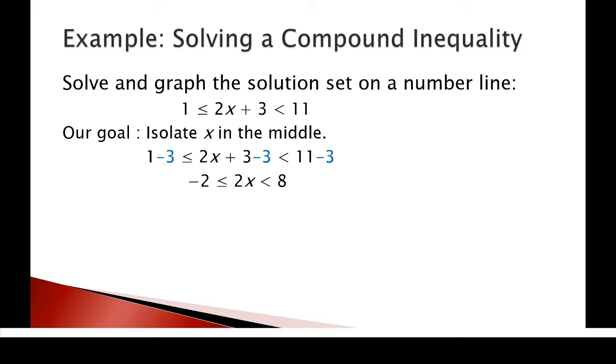And you will have -2 ≤ 2x < 8. If you divide this by 2, you will have -1 ≤ x < 4. In interval notation, you can write this like this.